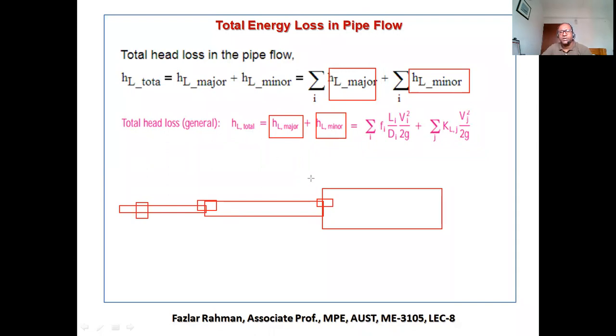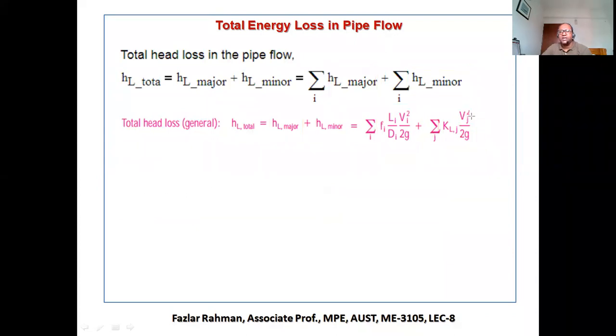This is the equation to figure out the major head loss. This is the equation to figure out the minor head loss. And in minor head loss, you see this value is constant. So you just need to figure out the value of KL.